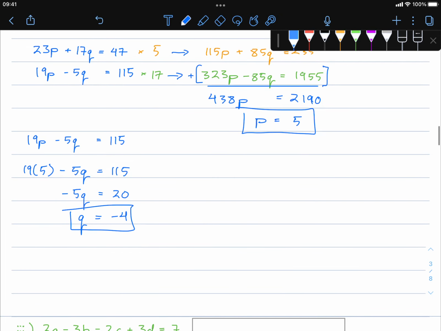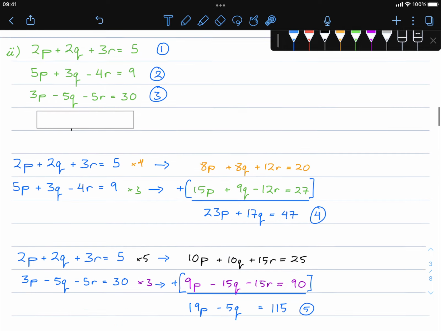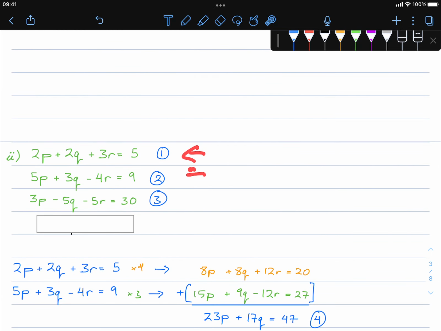Now we have that, we're going to take both and substitute both of them into any one of these equations. The one with the smallest numbers is equation 1.